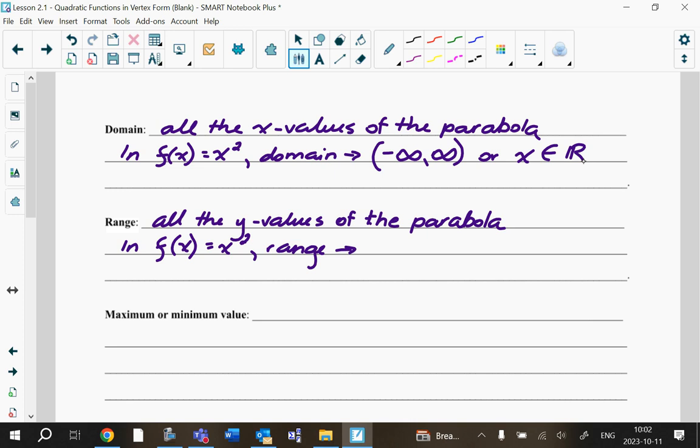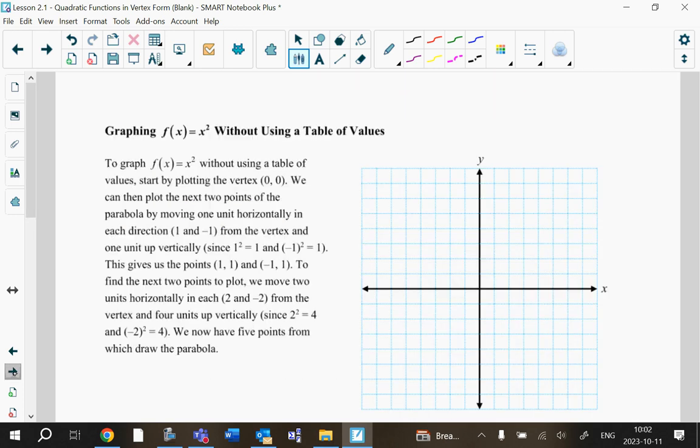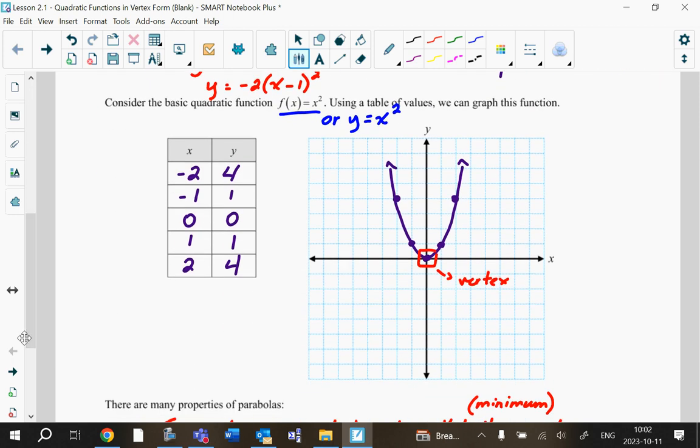So x values are left to right. Range values, or y values, are lowest to highest. What's the y coordinate of the lowest point? 0. What's the y coordinate of the highest point?